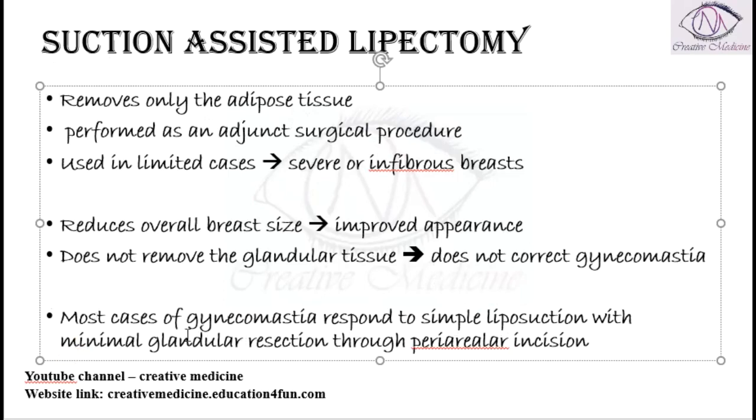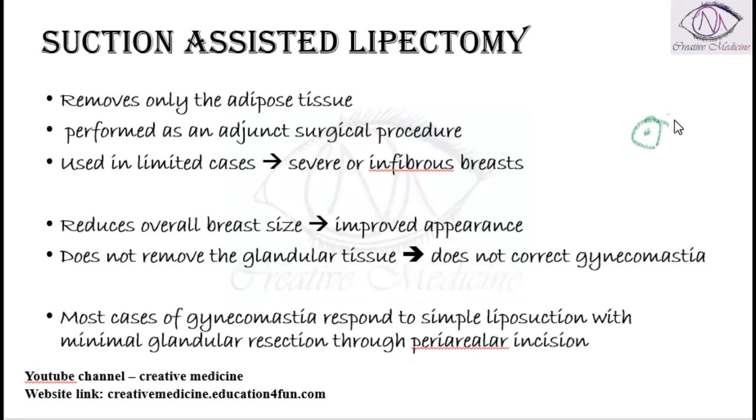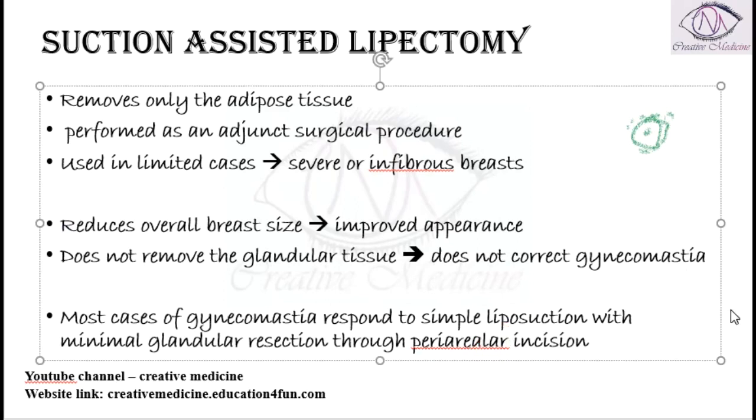After removing the adipose tissue we make a periareolar incision, that is, an incision made around the areola of the breast, and through this incision we remove the ductular or glandular components.